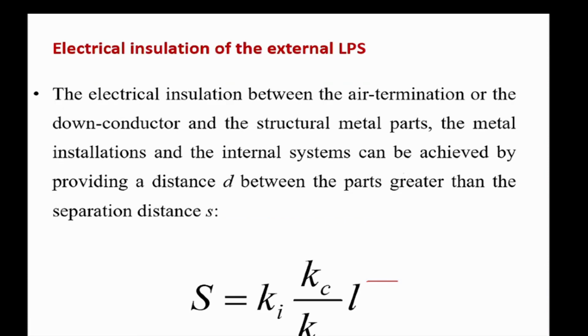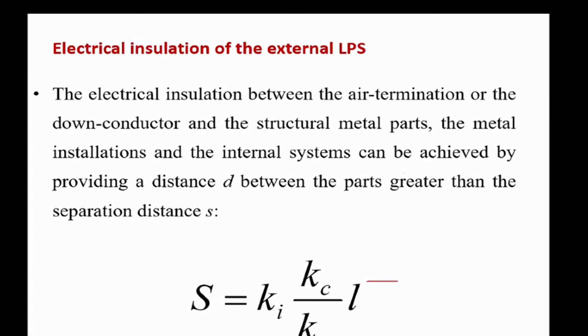Now we are coming to the separation distance. When we want to keep a distance between the lightning protection system and any other object nearby, we have to make sure that we are keeping a minimum distance between them.